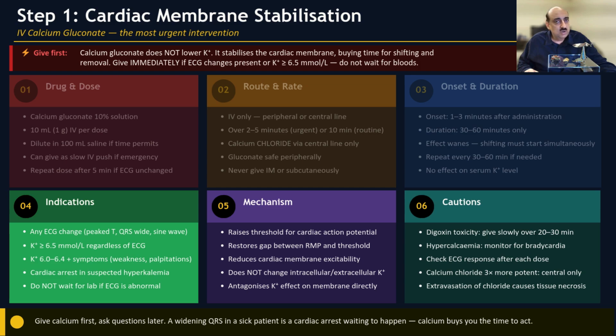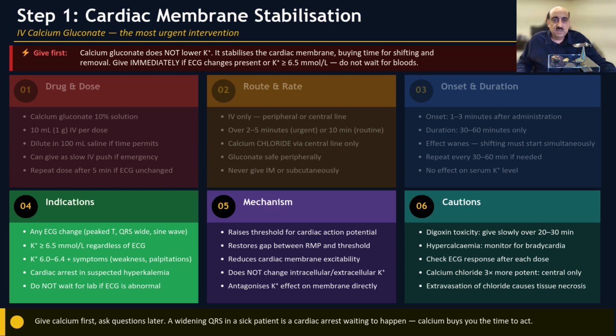It does not alter any potassium levels intracellularly or extracellularly, and it has no role on the circulating potassium level. You have to be cautious if you're suspecting digoxin toxicity, as calcium can worsen it, so you might have to give it slowly in that case. Similarly, in hyperkalemia, you have to monitor for bradycardia and bradyarrhythmias. And as I said before, check ECG after successive doses to assess the response.